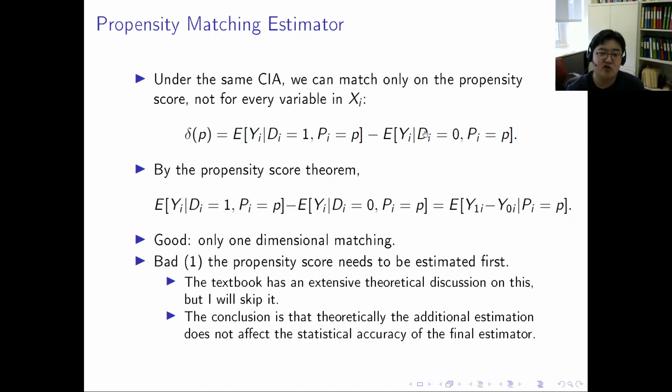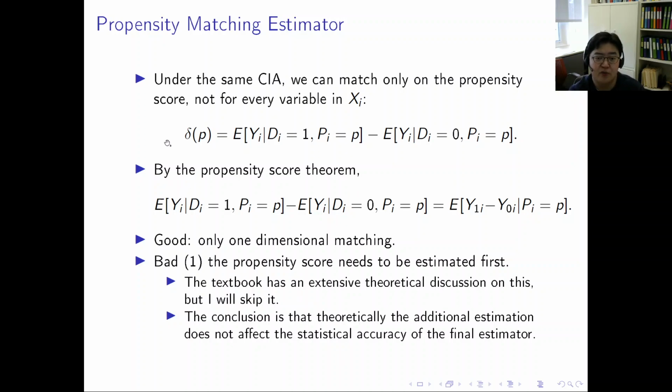So for example, you can calculate the average treatment effect for those who are likely to take the treatment with 50% or 70% or 90%. So that is all possible.